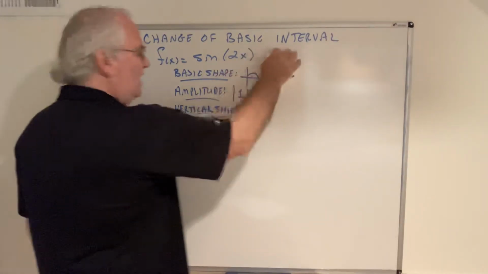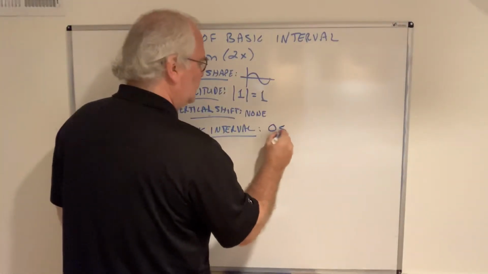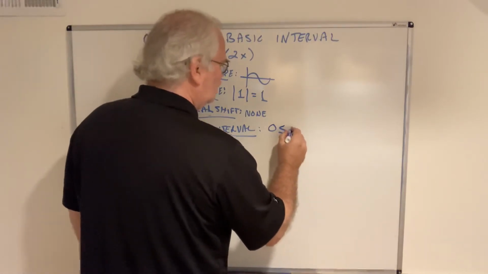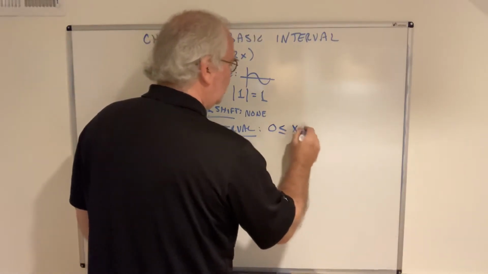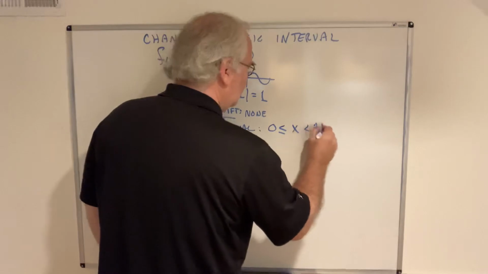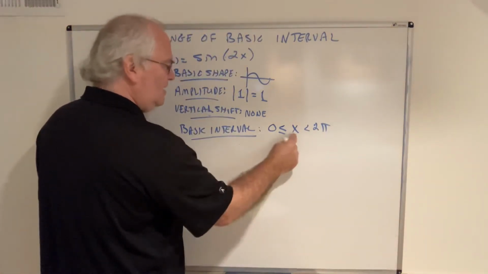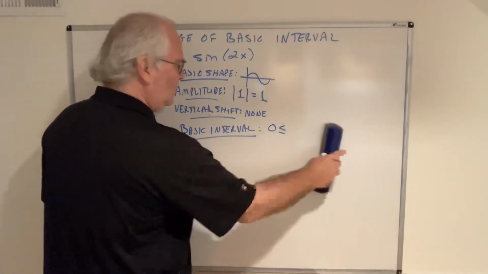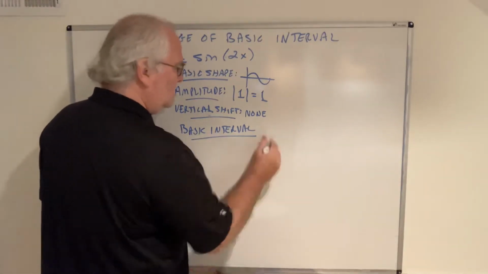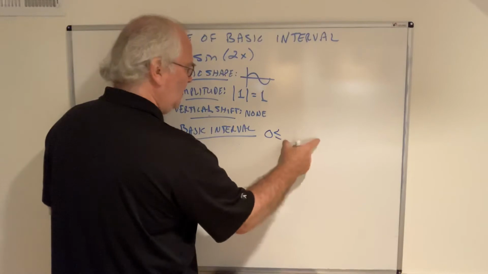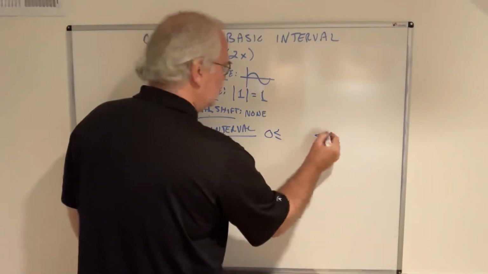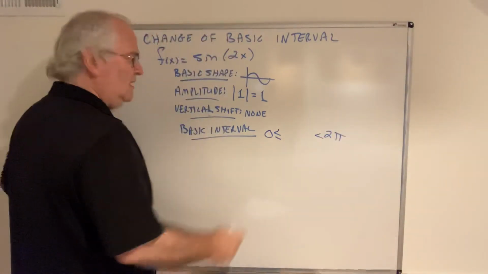You take the standard interval, 0 less than or equal to x less than 2 pi, but in the interior here, this is what we'll do. We're going to write 0 less than or equal to, leave a space, less than 2 pi.